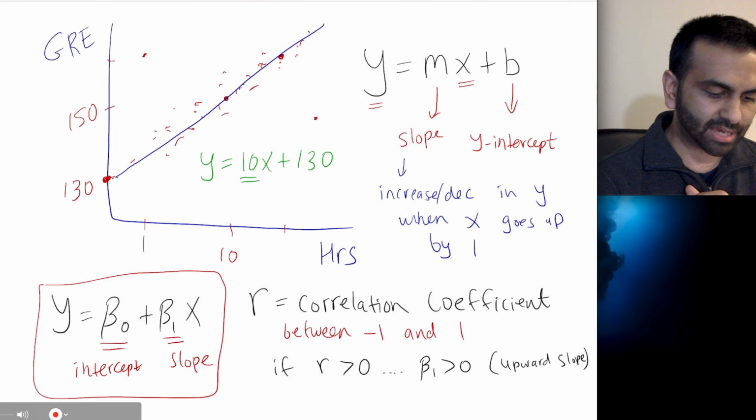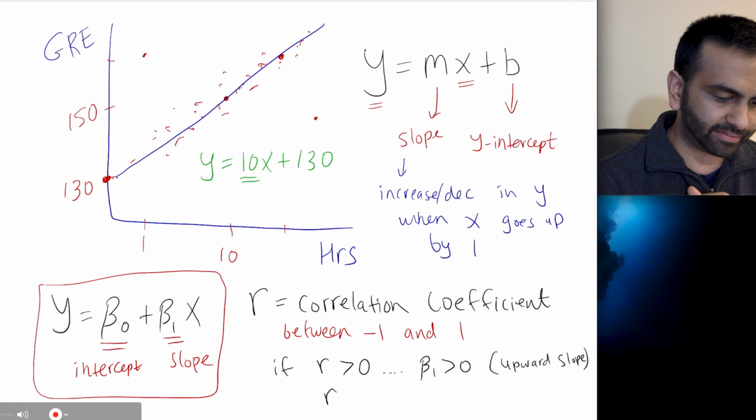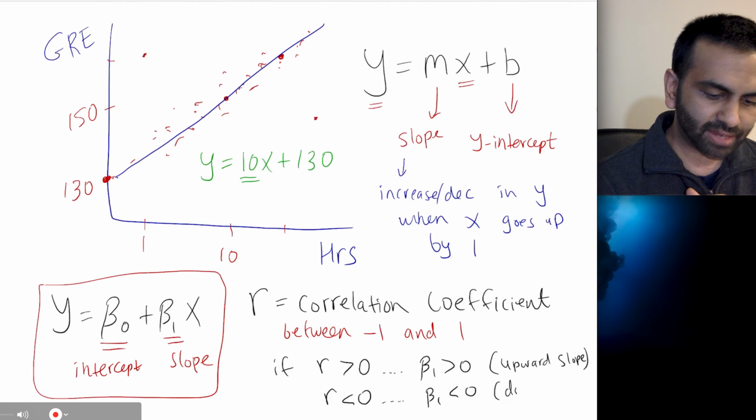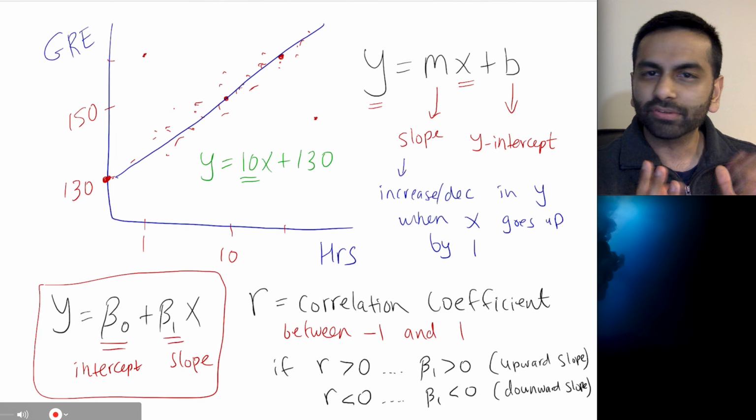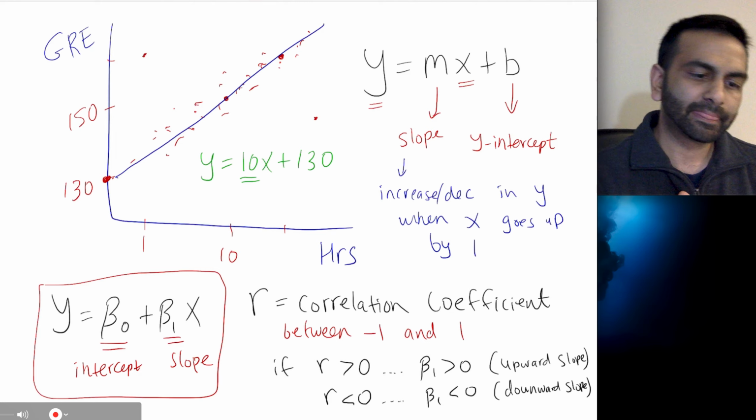And same if it's a downward slope. If R is negative, then your slope is negative. So they'll always have the same sign. That's going to have a downward slope. Okay? So that's what's going on here.